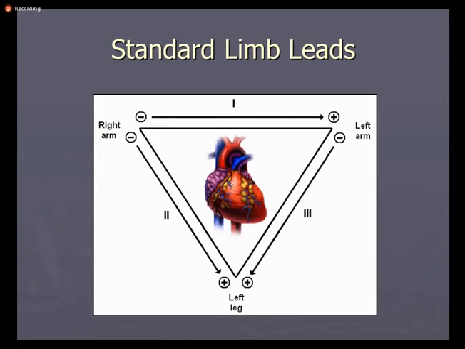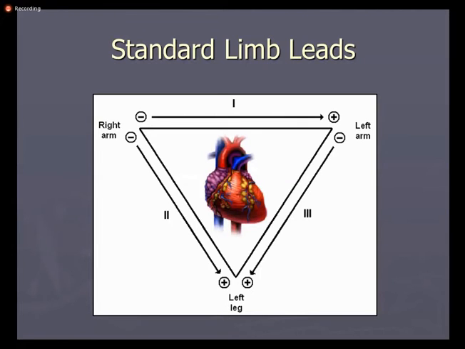If current flows from the right arm to the left arm, the arm from which the current starts flowing is indicated as a negative pole, and the other arm as a positive pole.